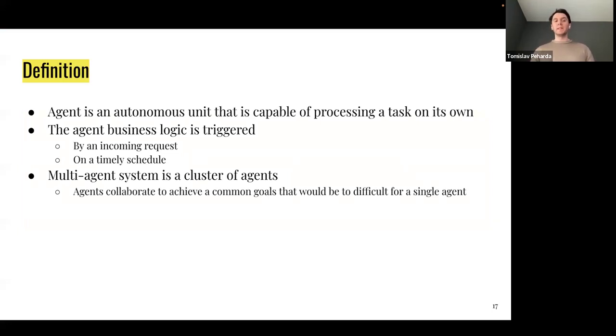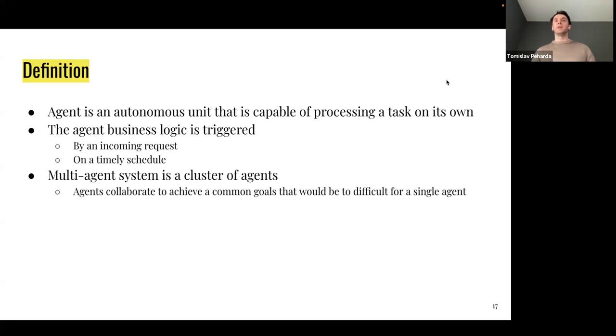So what is the definition of an agent? An agent can be described as an autonomous unit, an autonomous piece of software that is capable of processing a task, essentially conducting some business logic, on its own. The main idea is that it does not have too many or any dependencies on other systems.